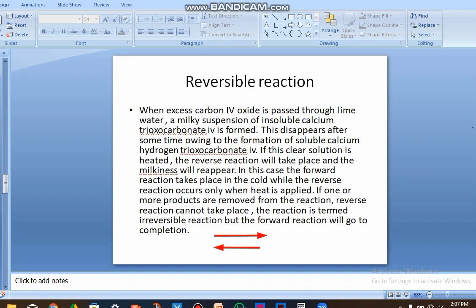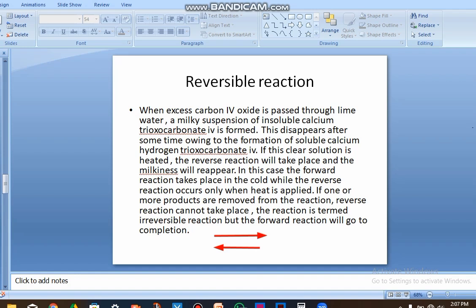So let's read it. When excess carbon dioxide is passed, take note of this. When excess carbon dioxide is passed through lime water, a milky suspension of insoluble calcium trioxocarbonate(IV) is formed. I read it again. When carbon dioxide, but just take note of the word excess.